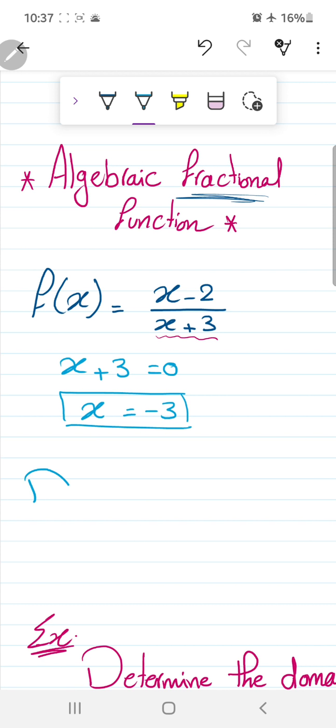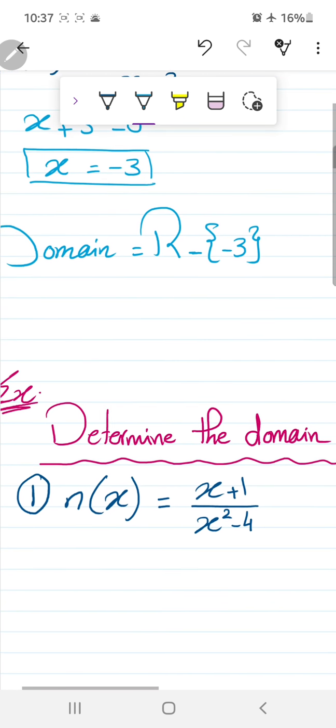So our domain here equals R except negative 3. Why? Because when we substitute negative 3, the function has no meaning. Any value over 0 is undefined.